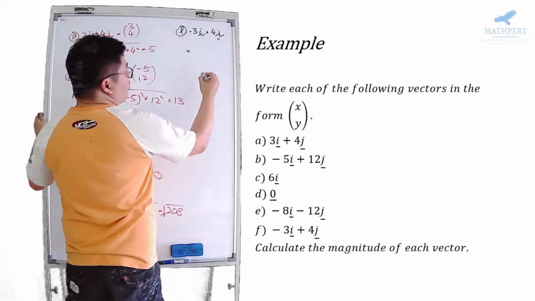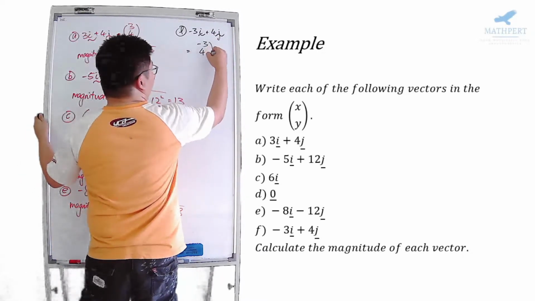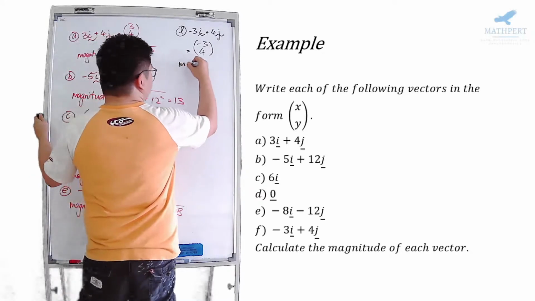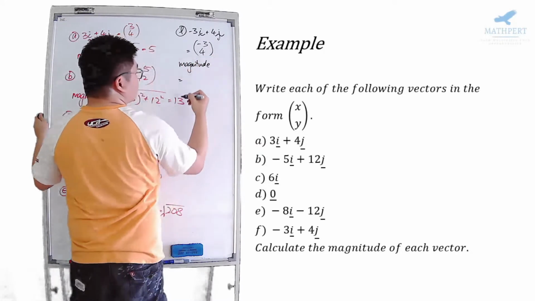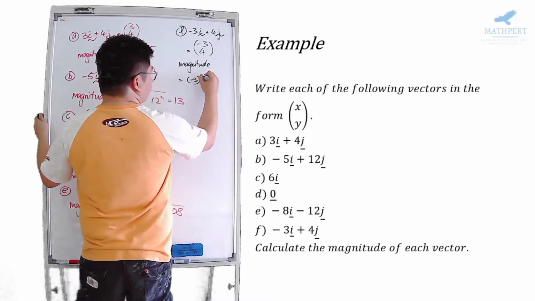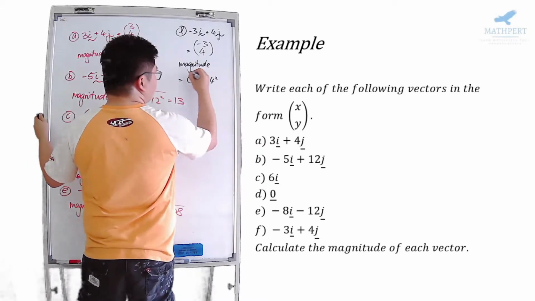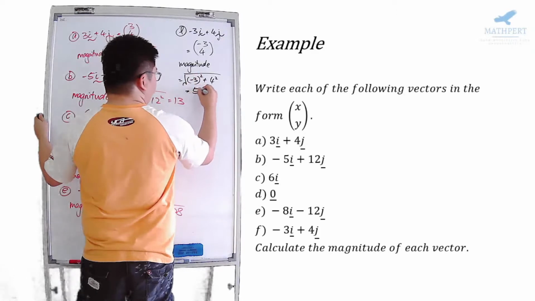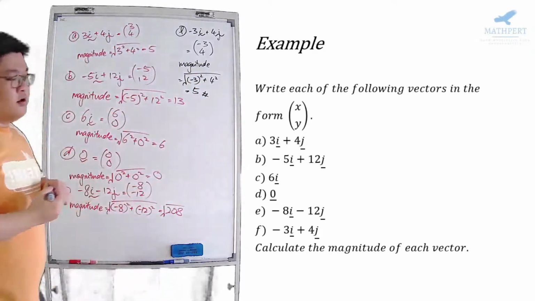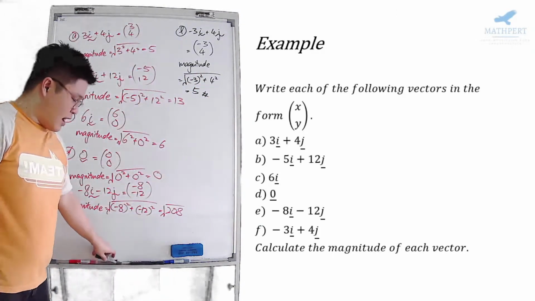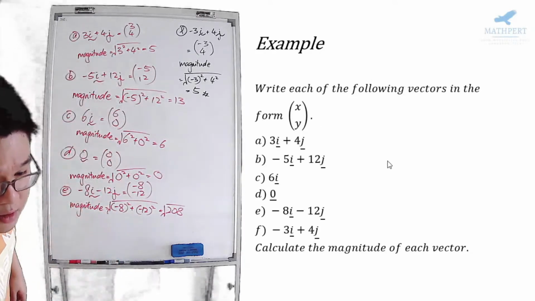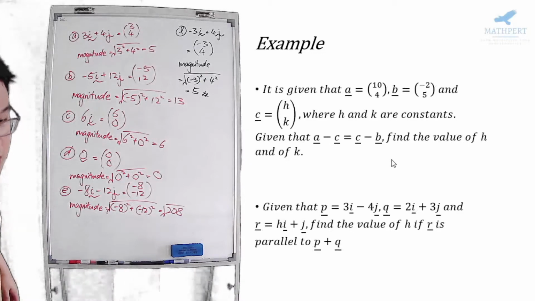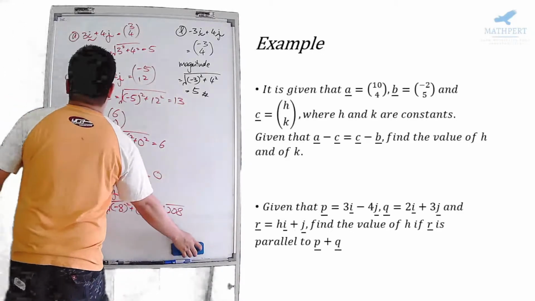So this will be equal to negative 3 and 4. And the magnitude is equal to negative 3 square plus 4 square, square root, and I will get 5. Alright? Okay, let me clear this.